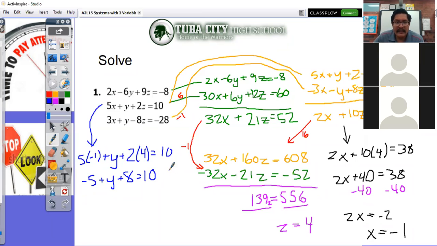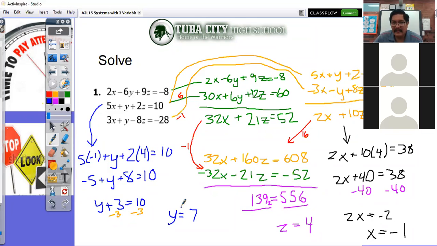All right, now we got to subtract 8 minus 5. So that's going to be y plus 3 equals 10. And I'm going to have to minus 3 from both sides. And that would give us our y value. y equals 7.